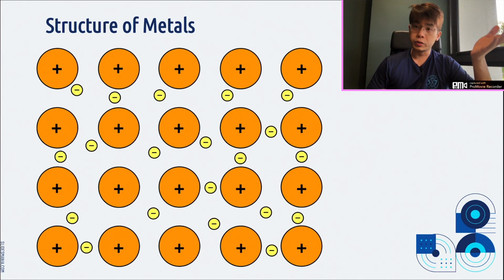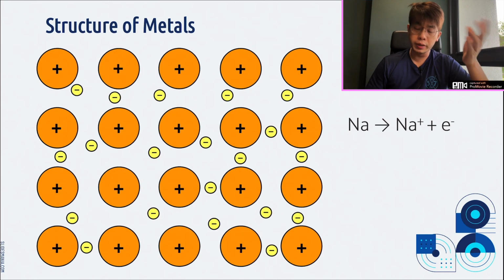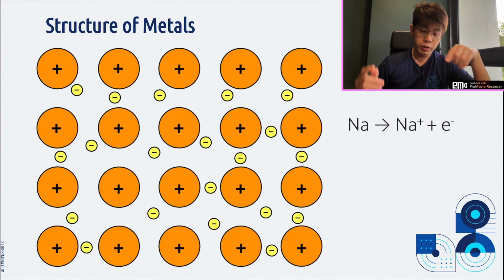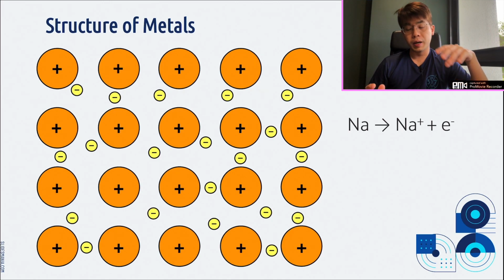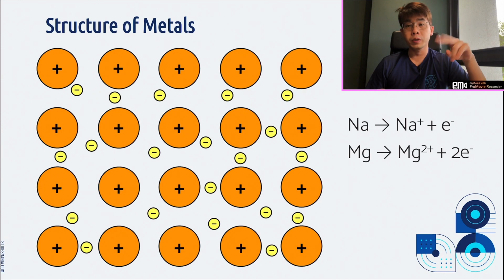So where do these electrons come from? For example, sodium is in group 1. When sodium forms a full valence shell and forms an ion, it leaves 1 electron. So all the cations in sodium are singly charged cations, and there's 1 electron per atom that flies around. For magnesium, because it is in group 2, it will lose 2 electrons to form a full valence shell.